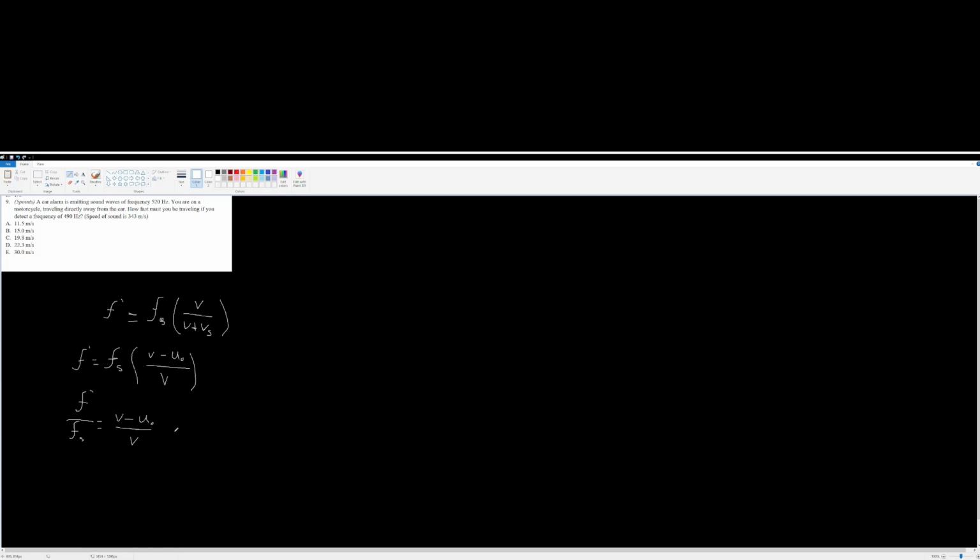And then if I multiply both sides by V, then we get this. And then if I add U naught to both sides and then subtract this part to the right hand side, then I get U naught equals V minus, or we can even say V times 1 minus F prime over Fs.